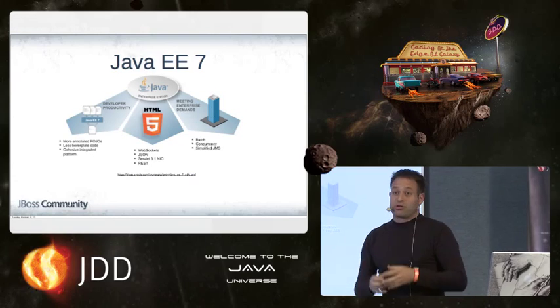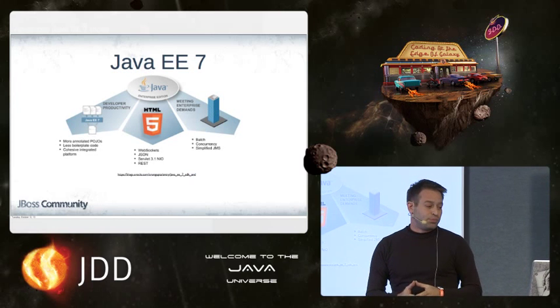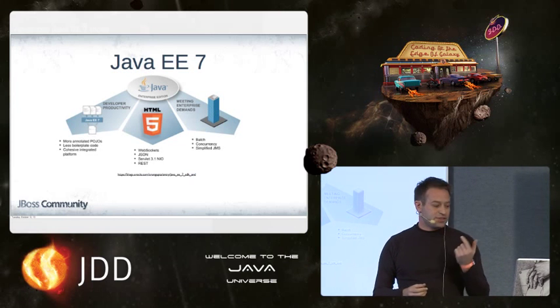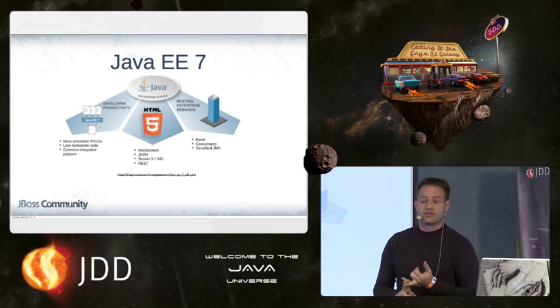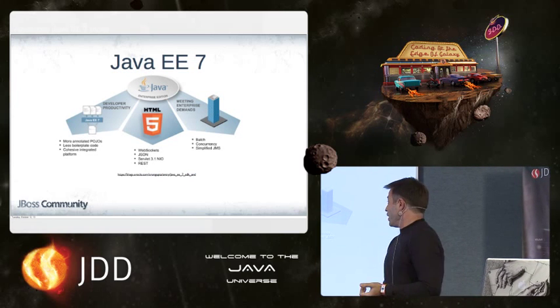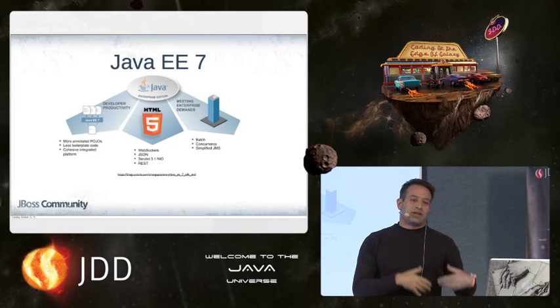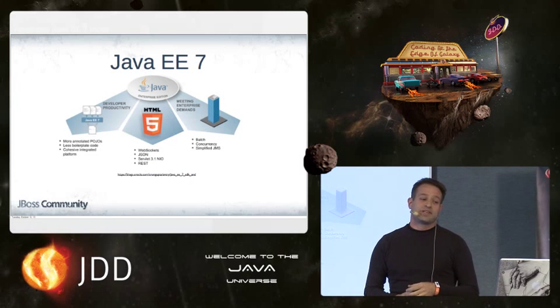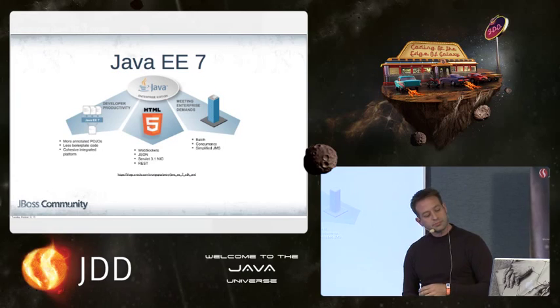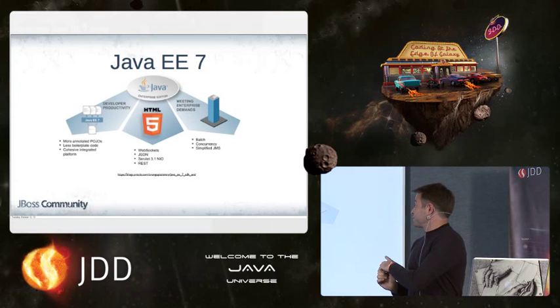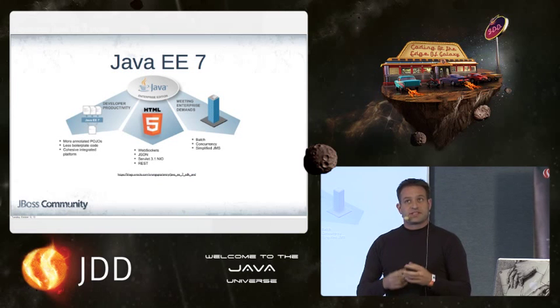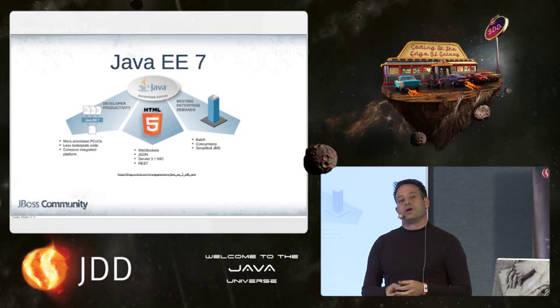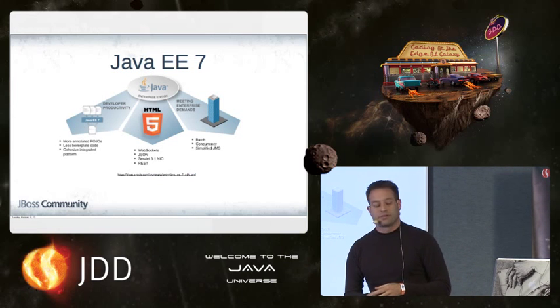Then the big block, of course, is HTML5. There are a whole bunch of features like WebSocket, JSON, REST, Servlet 3.1, which is just an upgrade. But WebSockets, JSON, and REST, they're basically new. All there to get HTML5 into the EE7 specification. And then on the left side, we see these small little things which got improved in EE7.